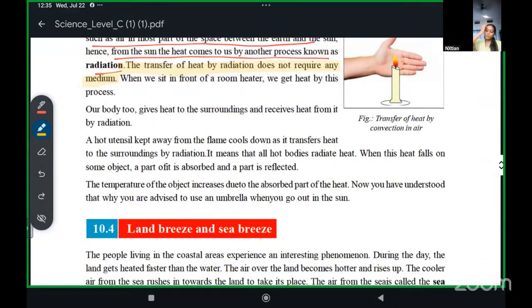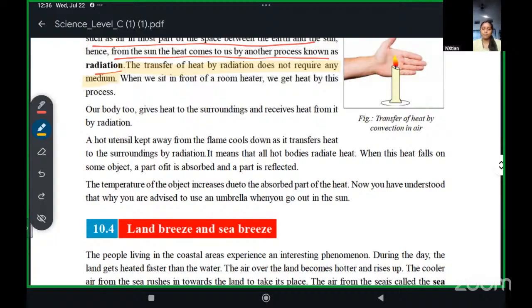Now our body too gives heat to the surroundings and receives heat from it by radiation. We people also transfer heat; we give out and we receive heat by radiation. A hot utensil that we keep away from the flame cools down because it transfers the heat to the surrounding by radiation.